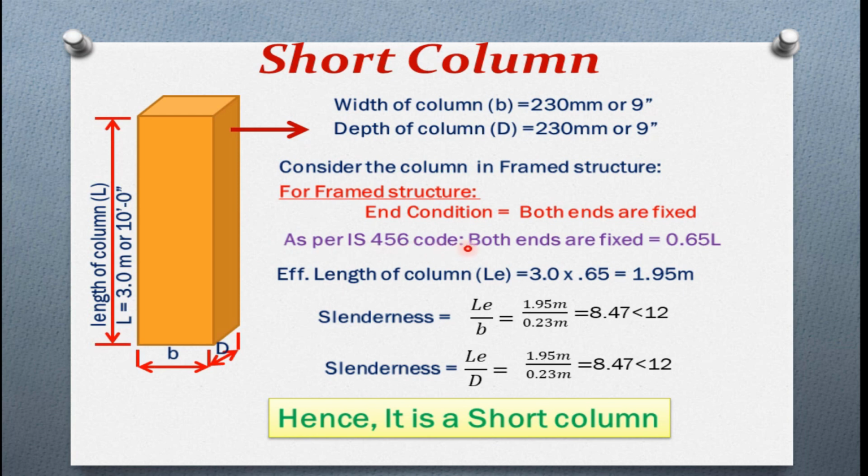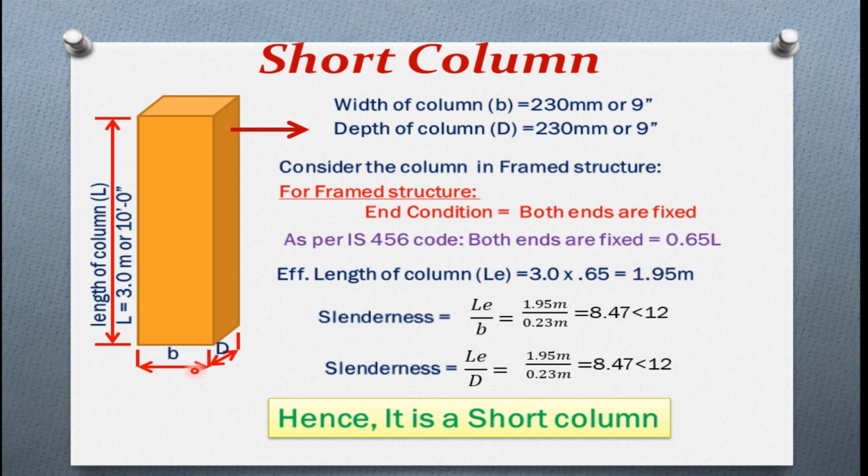As per the IS 456 code, if both ends of the column are fixed, then the effective length is 0.65 times L, where L is the length of the column. So the effective length is 3 times 0.65, which gives 1.95 meter.